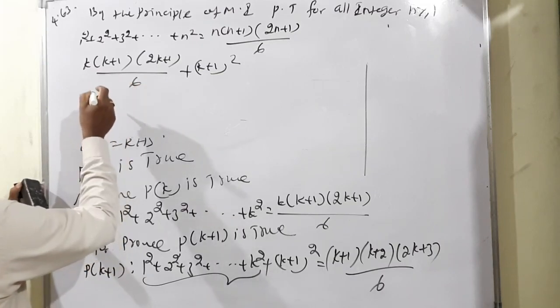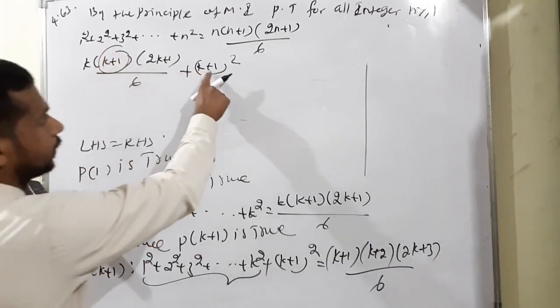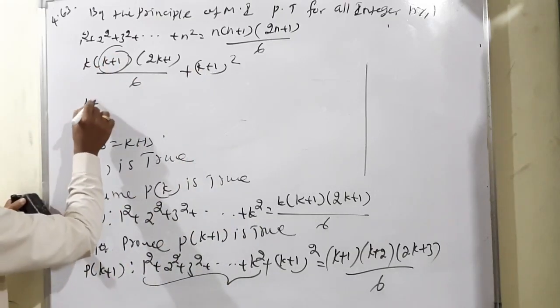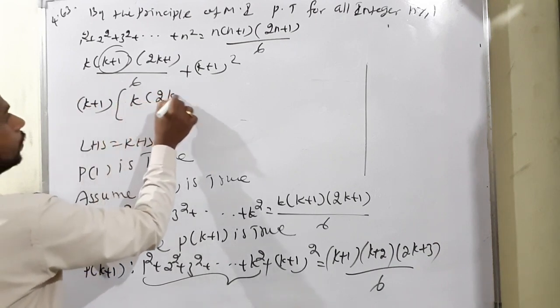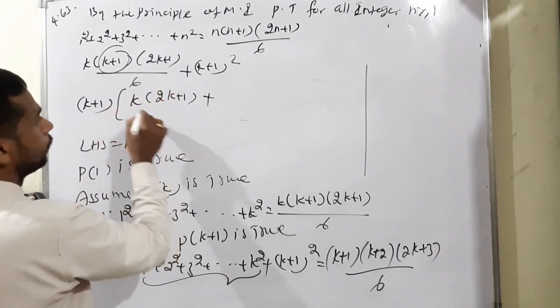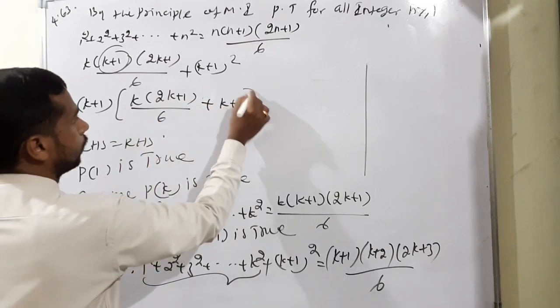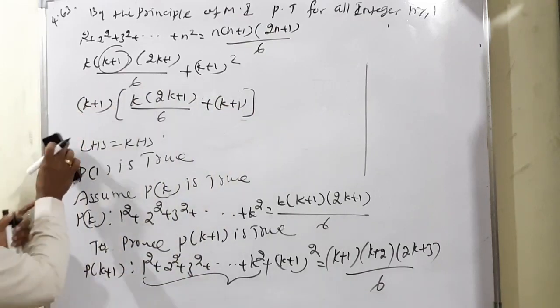Again, look at there. Here also k plus 1 appears once, and the next term has it 2 times. So we have to take k plus 1 common. Taking k plus 1 common outside, we get k into 2k plus 1 divided by 6 plus k plus 1, because one k plus 1 is already common outside.